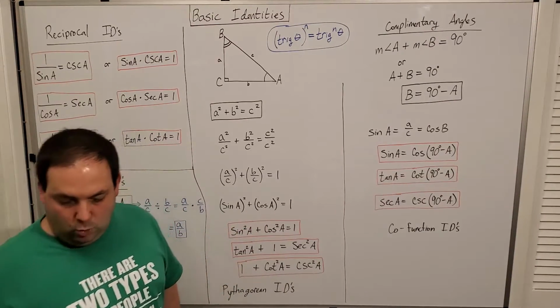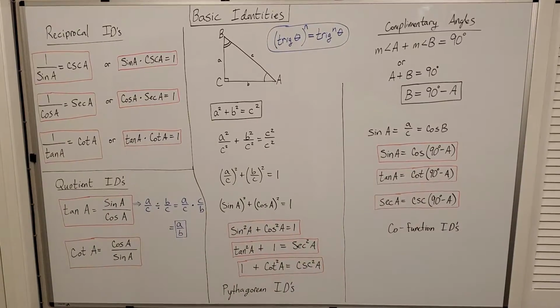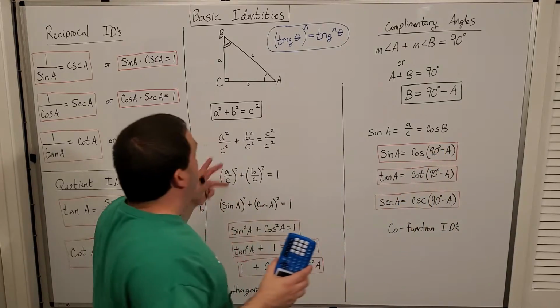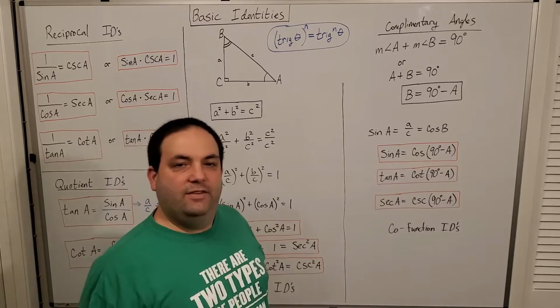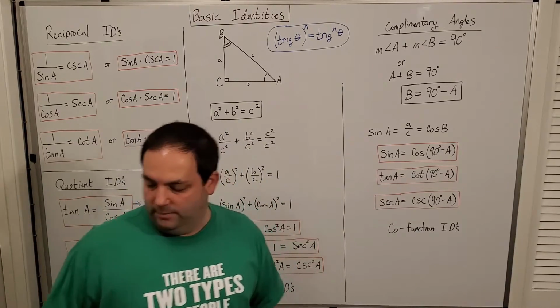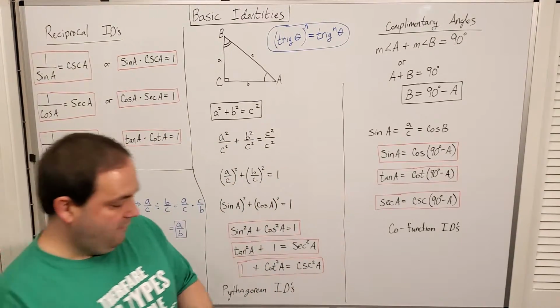Let's get an example real quick of this. Let's pick any angle that would fit in a right triangle. Let's say 57 degrees, right? Okay, sure, 57 degrees.